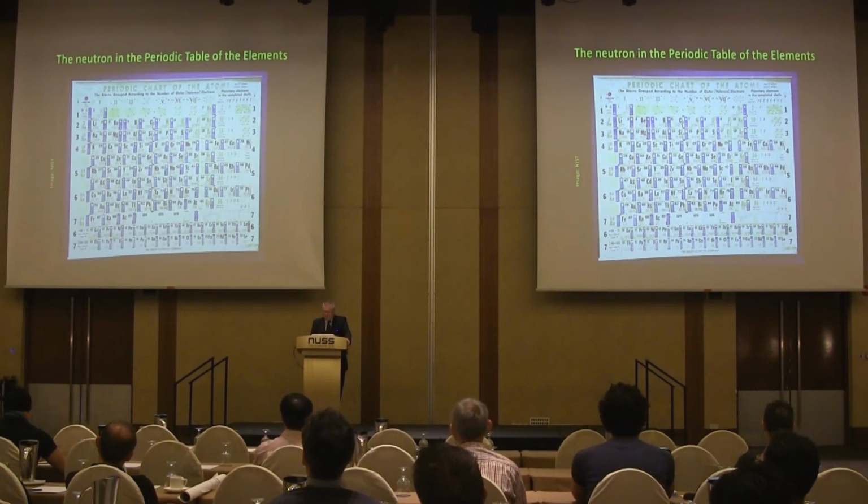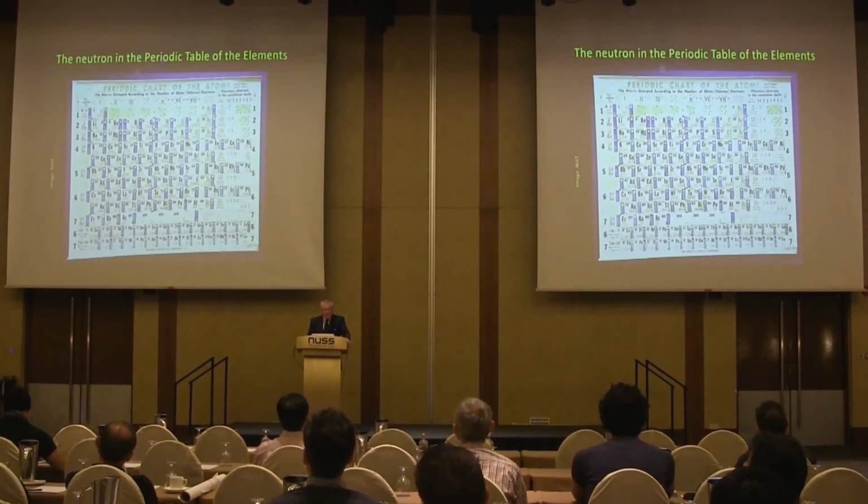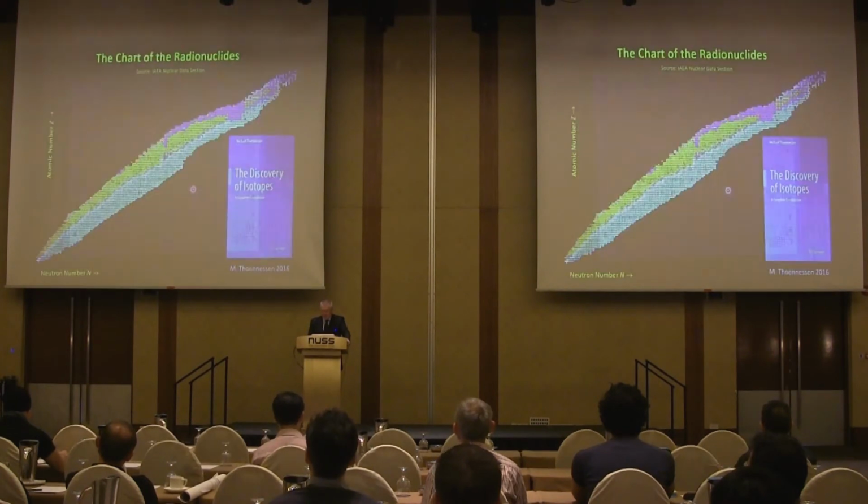But there's another representation with which you might also be familiar, the chart of the radionuclides. The predecessor here shows all the elements in the periodic table as they were known at some time in the past. This is a more current representation, the chart of the radionuclides from the International Atomic Energy Agency.